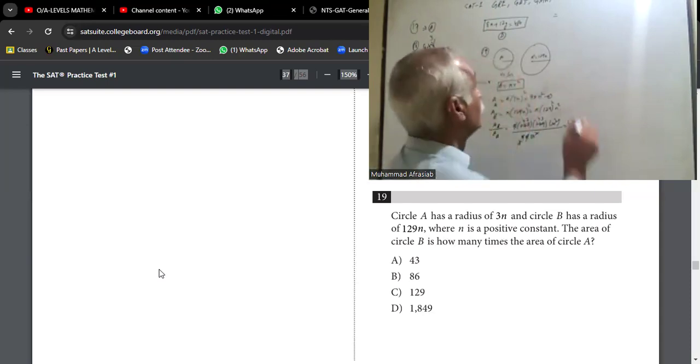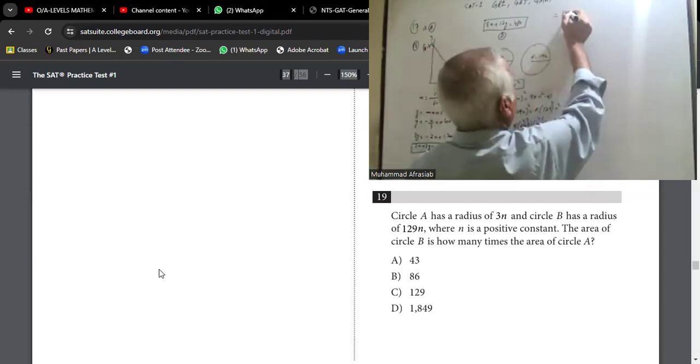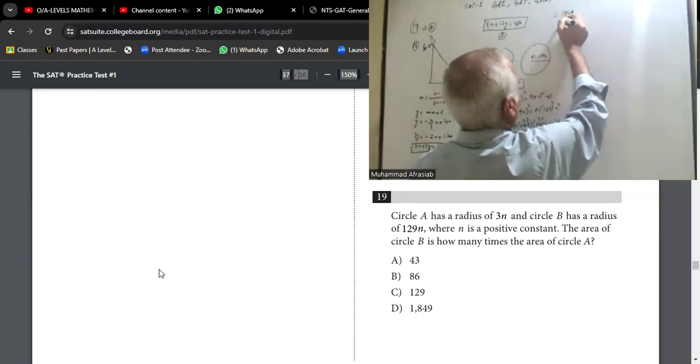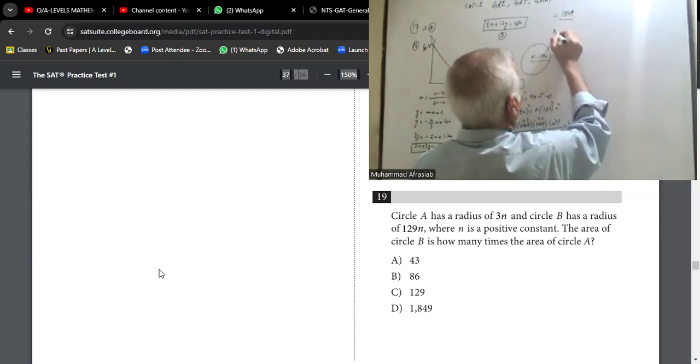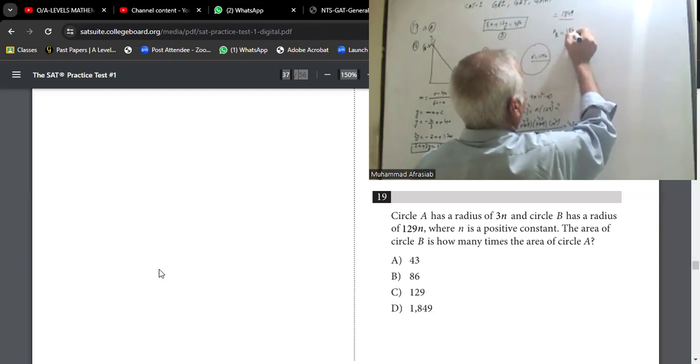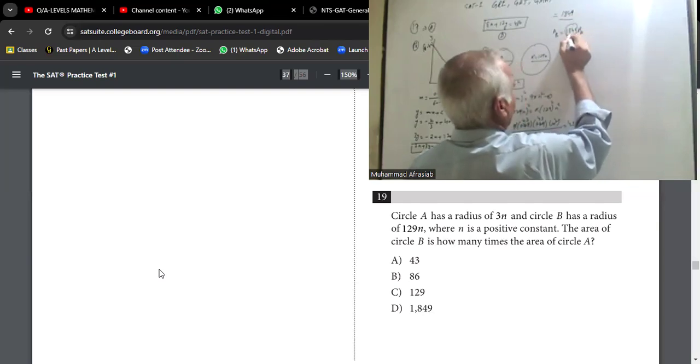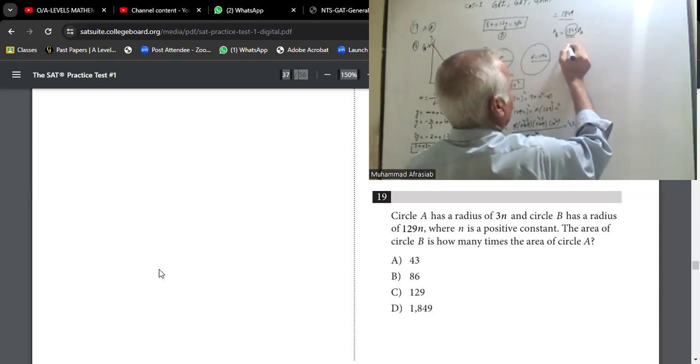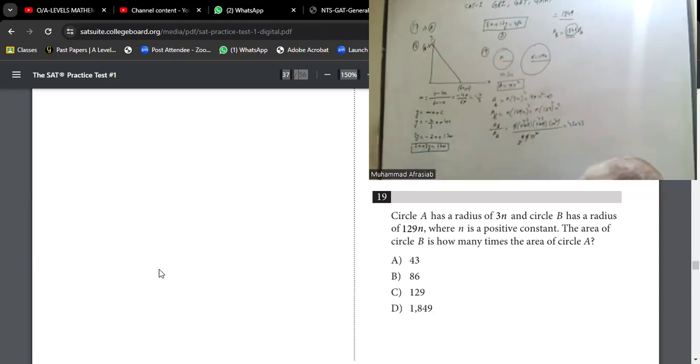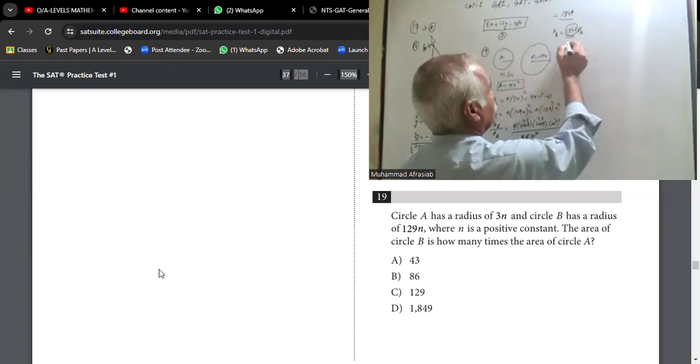So the area of B is equal to 1849 times the area of A. So our answer is 1849, and that is part D.